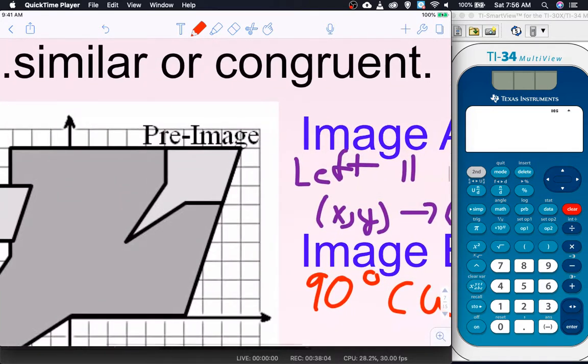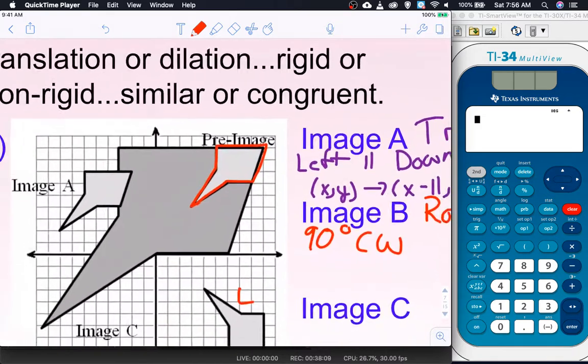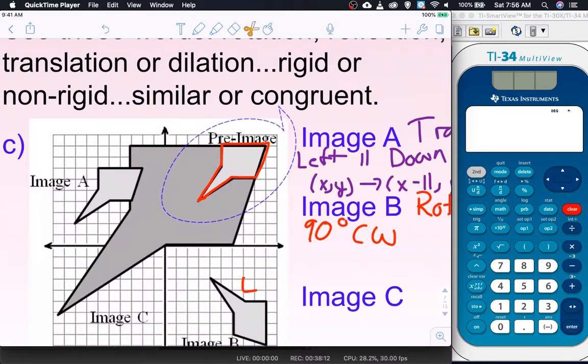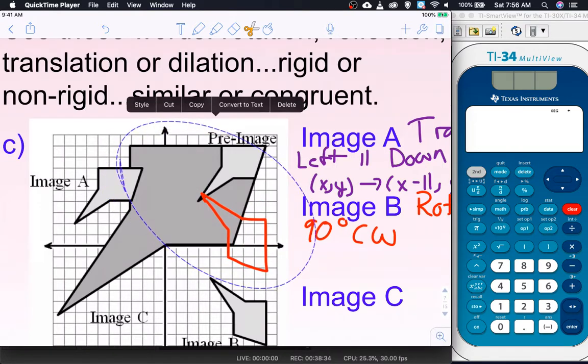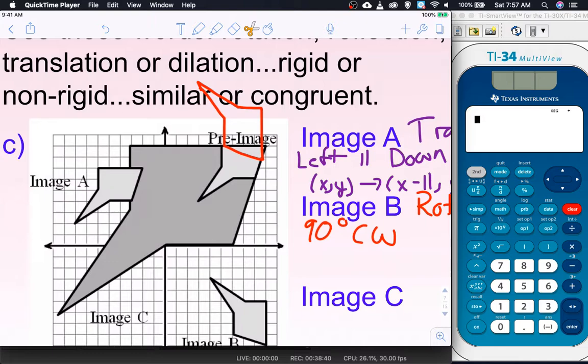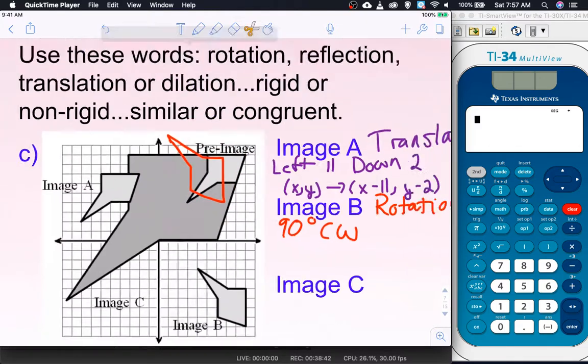If I can trace this, 90 degrees would be a quarter turn. So that's a 90-degree rotation. And then about where? Did we rotate around this point, or this point, or this point, or did we rotate around the origin?